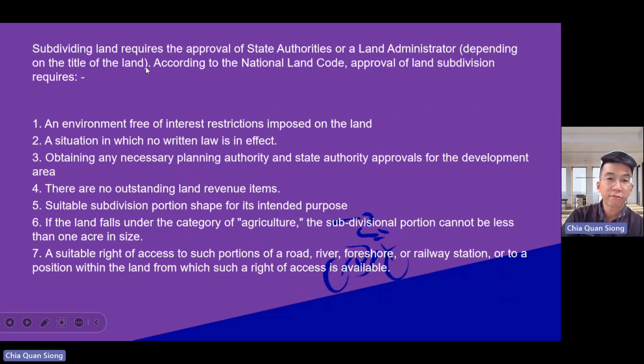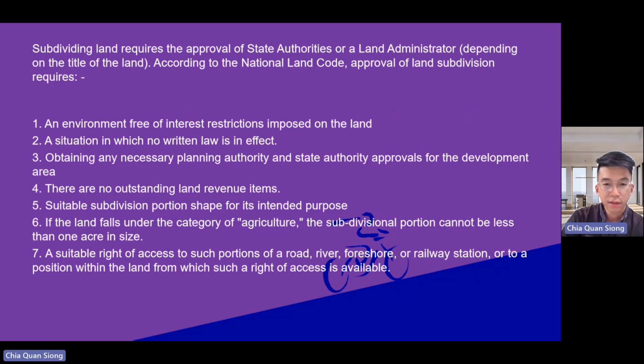So subdividing land requires the approval from the state authority or the land administrator according to the National Land Code. So, an environment free of interest restriction imposed on the land, a situation in which no written law is in effect, obtaining any necessary planning authority and state authority approval for the development area, and there are no outstanding land revenue items, suitable subdivision portions for its intended purpose.